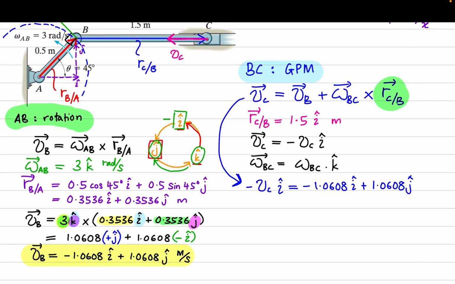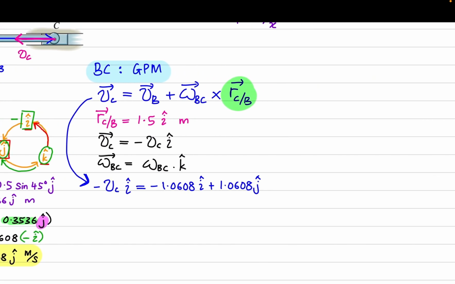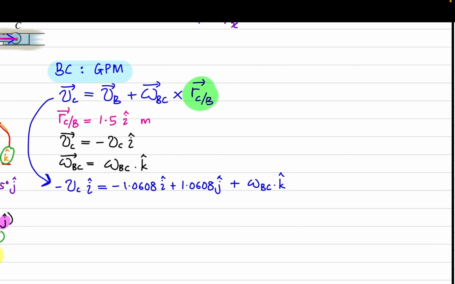And then moving on, plus omega BC, which is omega BC k, cross product r_C/B, which is 1.5 i.